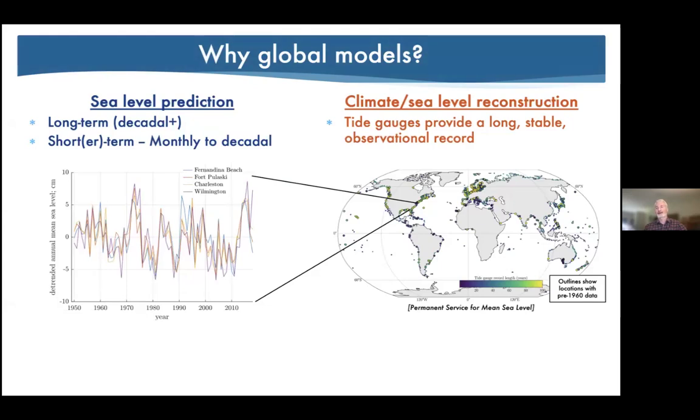And just to highlight the target here, if we look at tide gauges on the southeast coast of the US, showing the region in the map there, the sea level anomalies that you get on interannual to decadal timescales can be quite large, on the order of 5 to 10 centimeters. And it's spatially widespread.